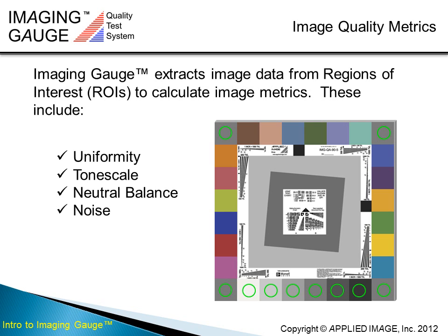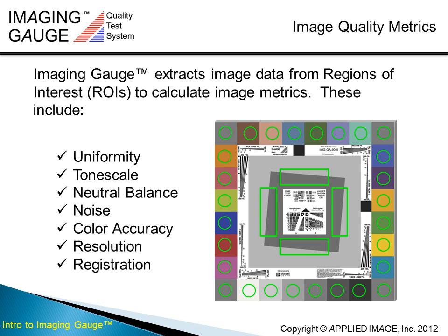Along the bottom, the grayscale patches are used to analyze tone scale, neutral balance, and noise. The remaining color patches are used to assess color accuracy. And the slanted edge feature is used to calculate resolution and registration.